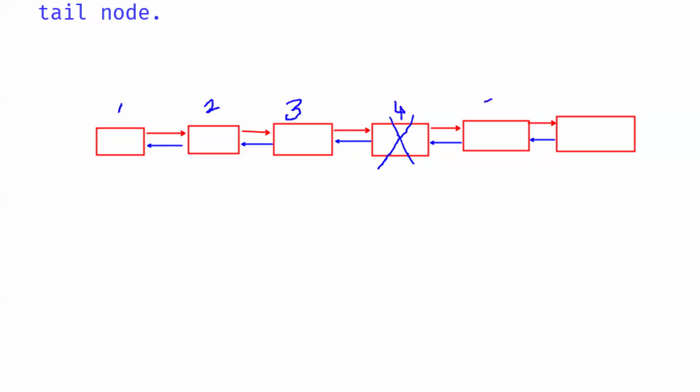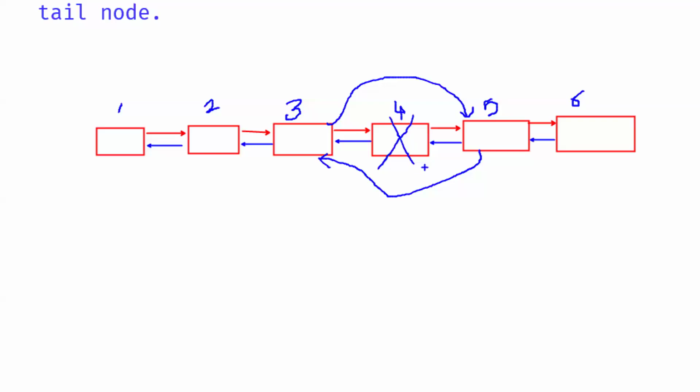It will put the next pointer of the third node to the fifth node, and the previous pointer of the fifth node to the third. Then the fourth node in the middle is removed.